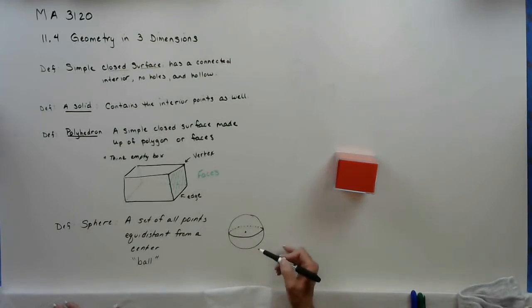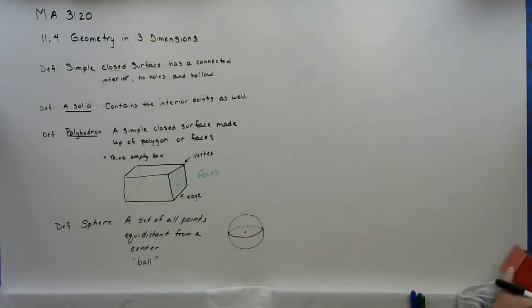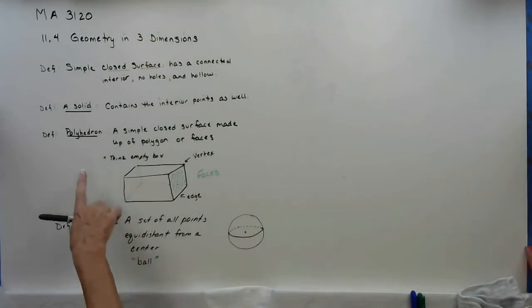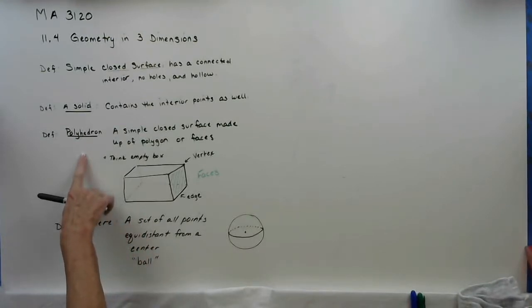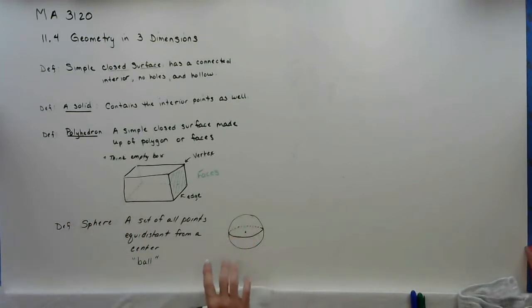I don't want too many curves, but you could also do that coming around the other way. Okay? And so that's what we mean by a sphere. And a sphere is not a polyhedron. A sphere is not because it does not have surfaces, it does not have lines, and it does not have polygons.